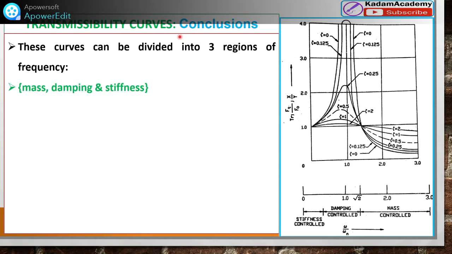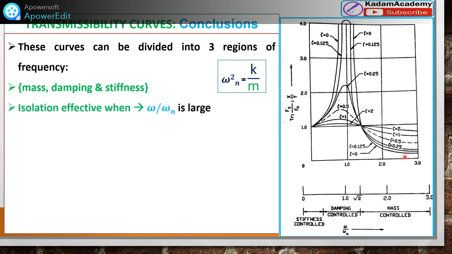The region where isolation is really effective is when omega by omega n is large, meaning after the square root of 2. This second half is effective.